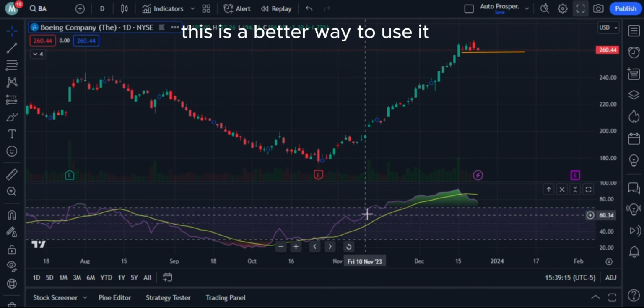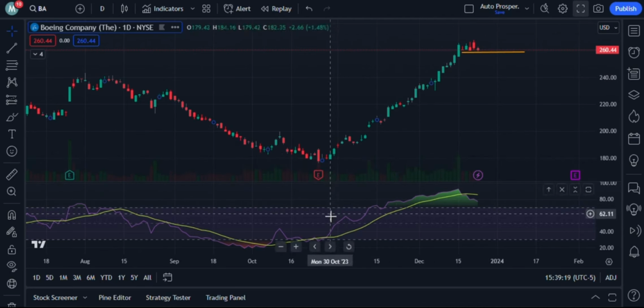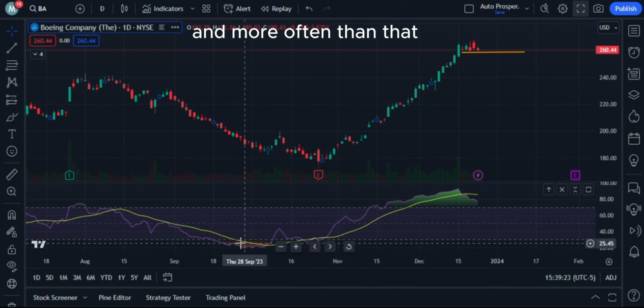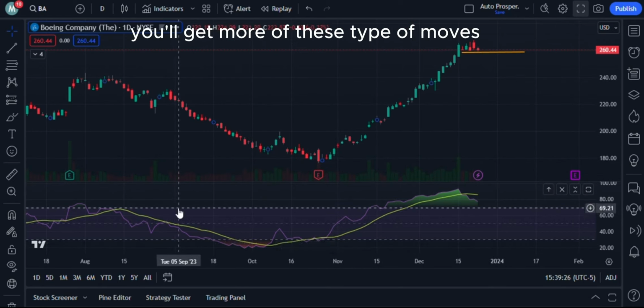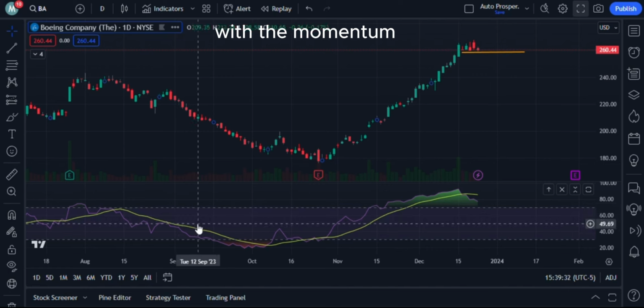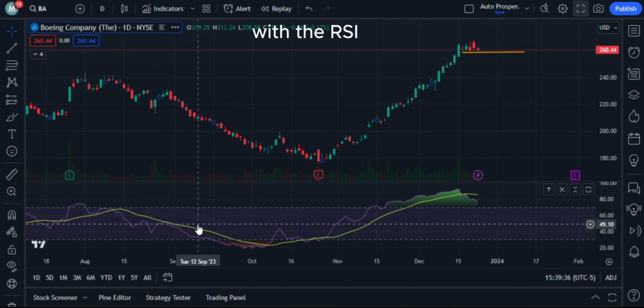This is a better way to use it. You'll have more success. I've looked at this for numerous tickers, and more often than not you'll get more of these types of moves where you make a lot of money by trading with the momentum than you will simply trying to play reversals with the RSI.